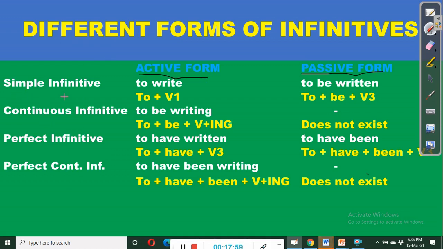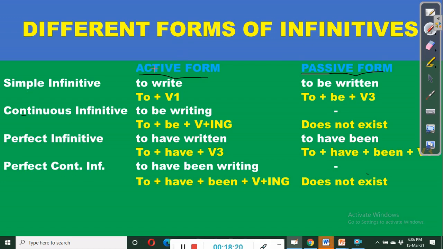We have the simple infinitive, which can also be called the simple indefinite infinitive. Then we have the continuous infinitive, the perfect infinitive, and the perfect continuous infinitive.